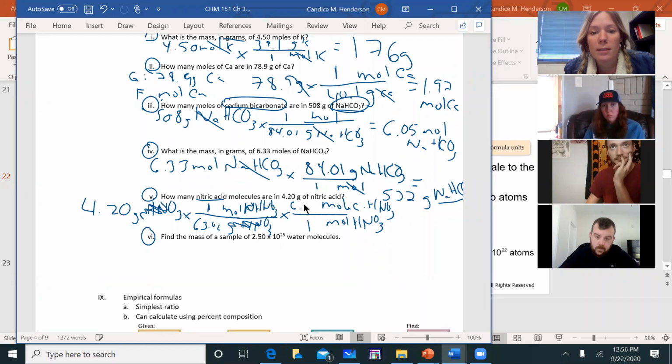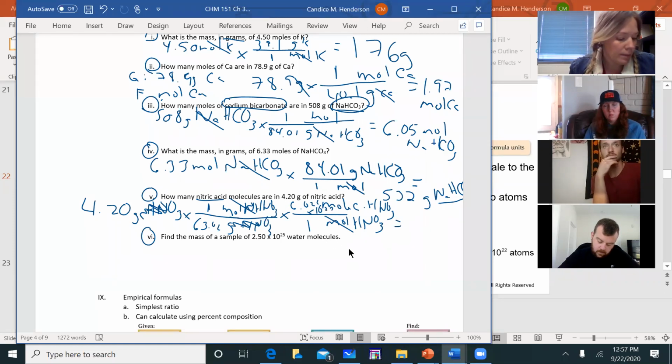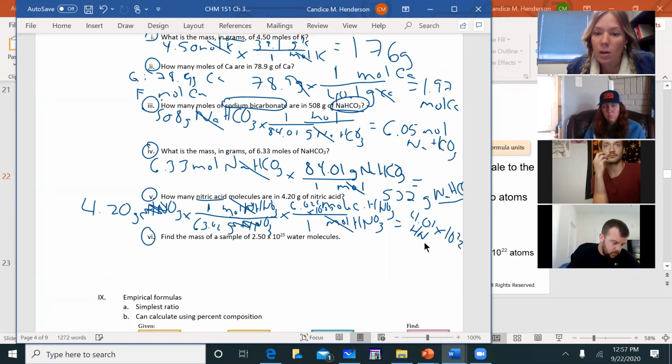Up top, we're going to put that 6.022 times 10 to the 23rd. There goes moles. And the only unit that I have left will be the molecule. It should be a big number. We would expect to have a lot of molecules. 4.01 times 10 to the 22nd HNO3 molecules.